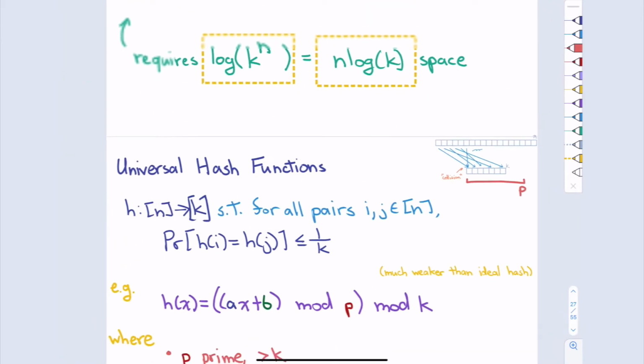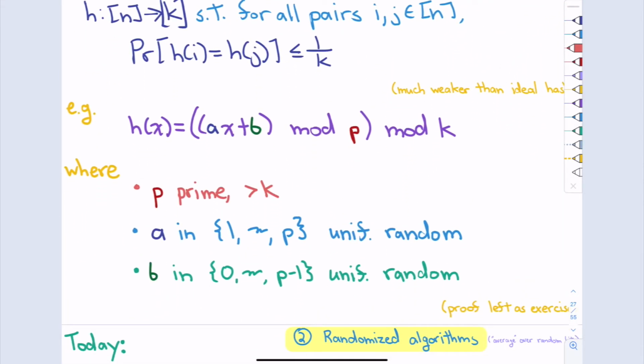Then you do ax plus b mod p, where a and b are chosen uniformly at random. a is chosen between 1 and p minus 1, and b between 0 and p minus 1. You need a prime so that it's a field. The integers modulo a prime form a field, so you can do division and so on.